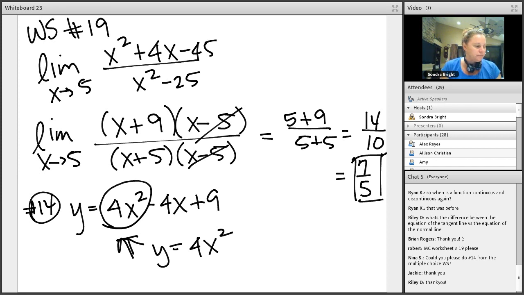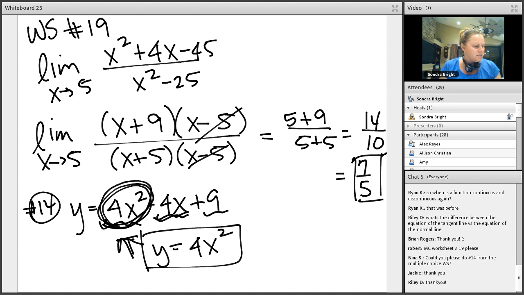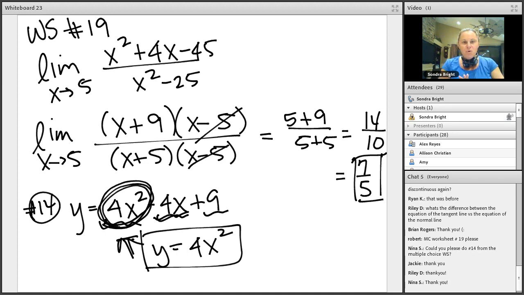Compare 4x squared to 4x, compare that to 9. The 4x squared is going to give you the largest absolute value of the y values, either plus or minus, I don't care about the sign. Anytime it's a polynomial, it's just that.